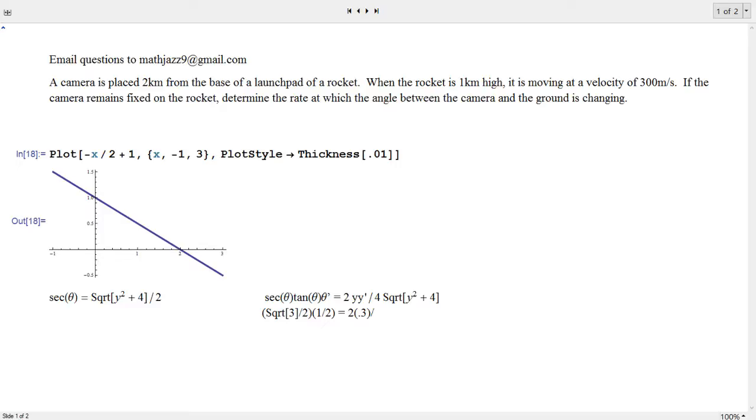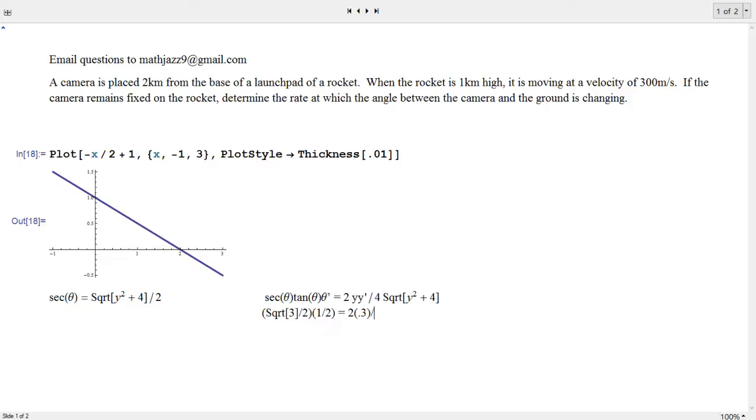Converting between meters, kilometers, and inches and feet is going to be bad. But anyway, we chose to do this in kilometers, and so we need to make sure that our speed is in kilometers per second, not in meters per second. So we have a 0.3 there.